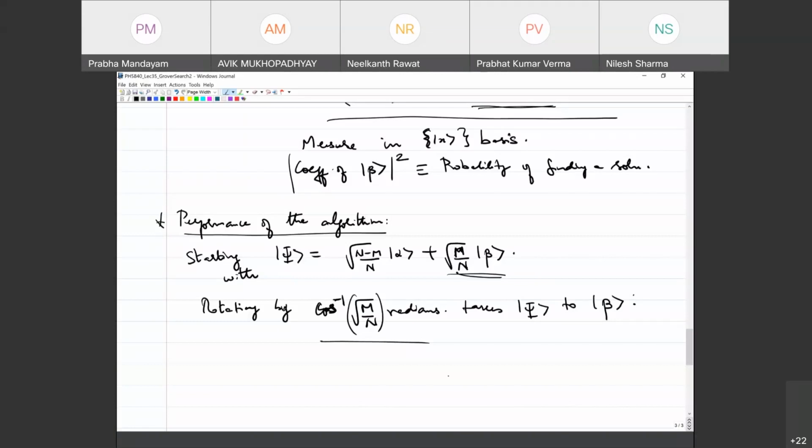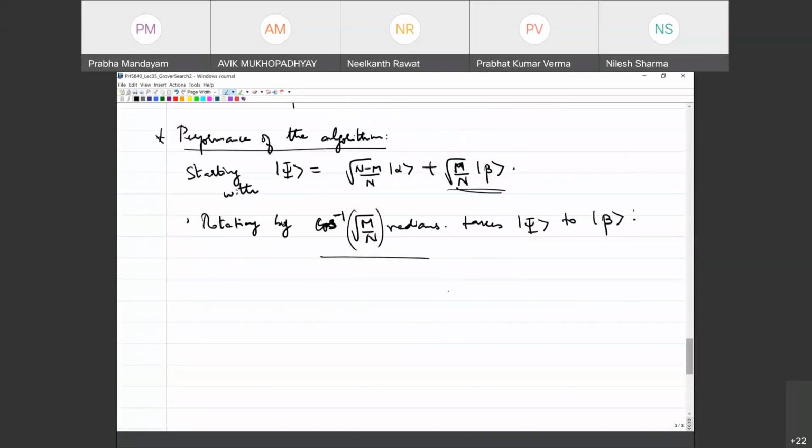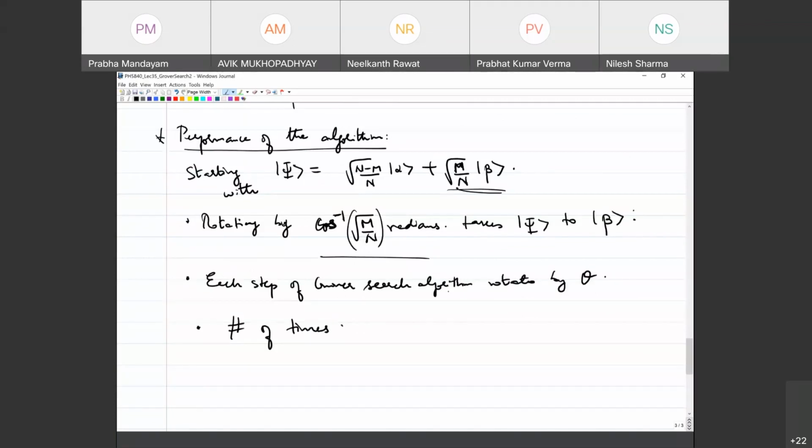Now, each step of Grover, the search algorithm, rotates by theta. So this then gives us a bound on how many times we need to run Grover, or how many times we need to rotate. That's basically going to be cos inverse of square root of m over n, divided by theta, right?